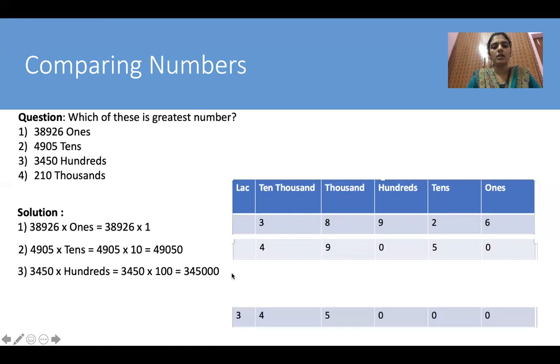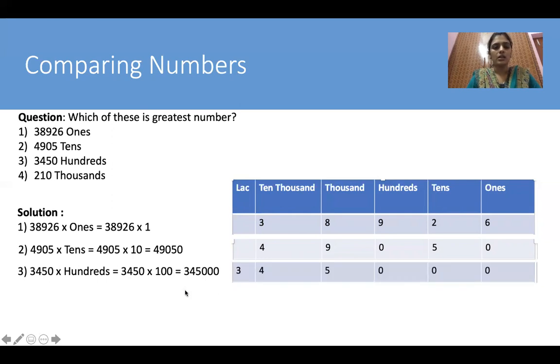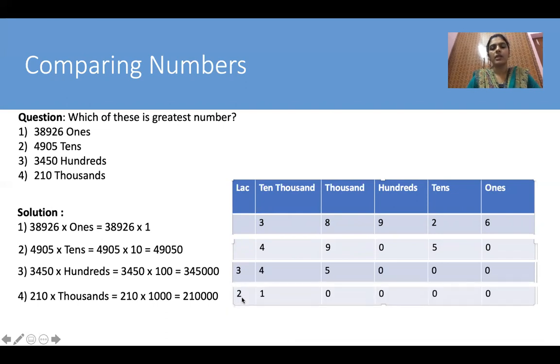We can write this number in a place value chart like this. Now next is 210 thousands. It means 210 multiplied by 1000, and here we got 2,10,000, and we can represent this number in a place value chart like this.